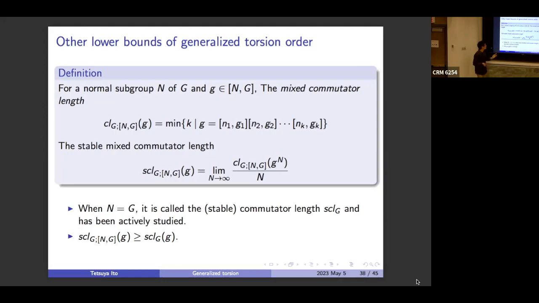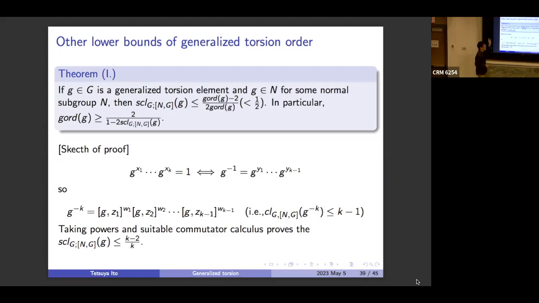The stable commutator length is the special case where N is equal to G. What I observed is that for a generalized torsion element, we get an estimate by the mixed commutator length. I mean, if g is a generalized torsion element, and we already know that g must belong to the normal subgroup, which often happens, then the stable mixed commutator length is evaluated. In particular, it is bounded above by 1/2.